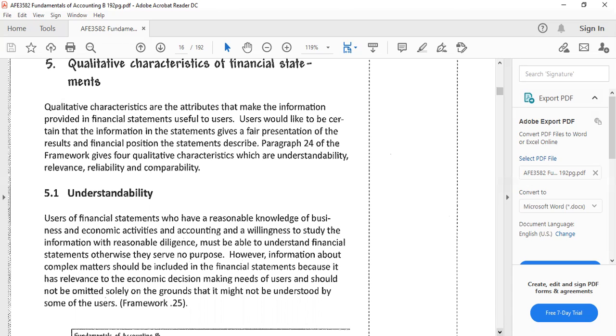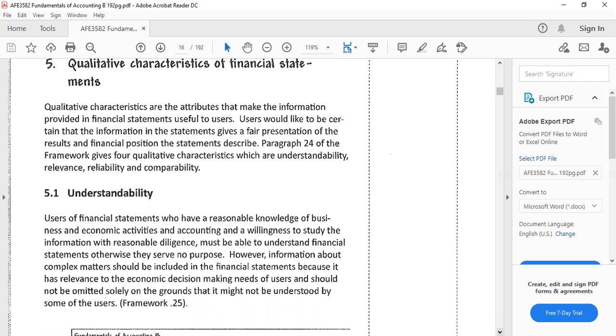However, information about complex matters should be included in the financial statements because it has relevance to the economic decision. This simply means that all information of the company should be presented, especially the complex information such as your loans, all the assets that you have, all the important accounts that affect decision making should be presented in your financial statements.